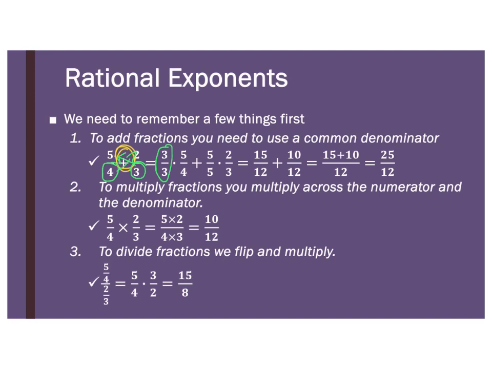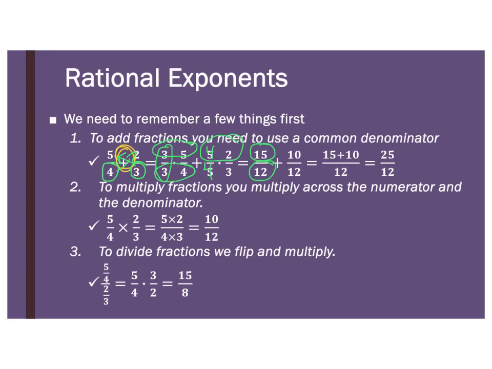Sorry, this is a typo. Since that's a 4, this should be 4 over 4. Apologies, I will change it on the regular slide. Now when we multiply these, I get 3 times 5, which is 15, over 3 times 4, which is 12.